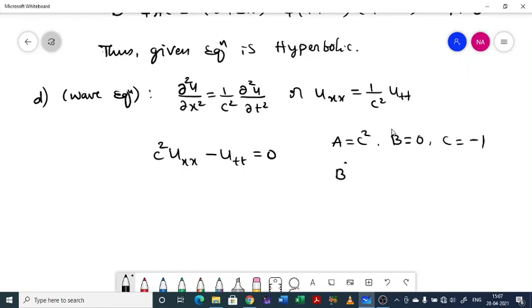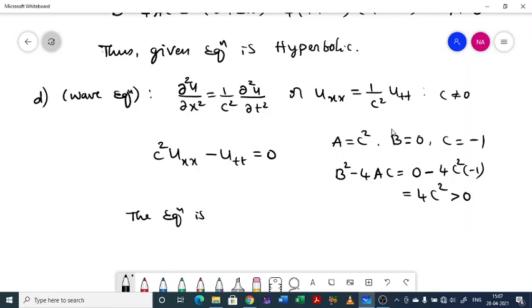So B² minus 4AC equal to 0 minus 4c² into minus 1, that is plus 4c². Anyway it should be greater than 0, assuming c not equal to 0. So the equation is hyperbolic. So that is one equation.